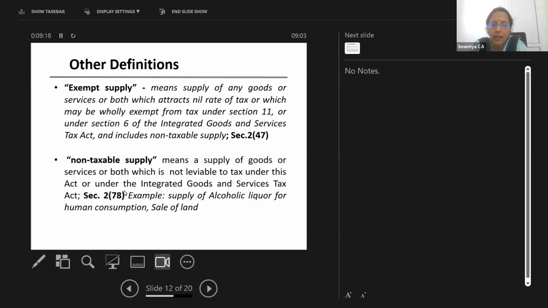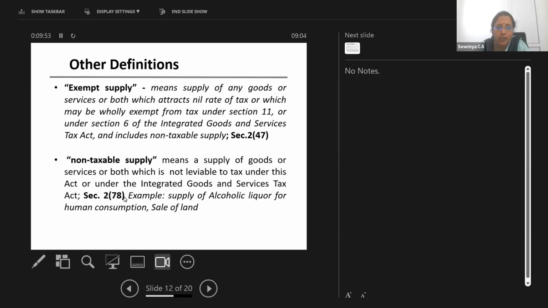Coming to non-taxable supplies, these are supplies which are not leviable to tax under this Act, defined under section 2 subclause 78. The only two things I could think of are alcoholic liquor for human consumption and sale of land. Sale of land is a state subject under list 2, and sale of liquor is not includable in the GST itself, and it is mentioned in article 266 of the constitution that it is not includable.